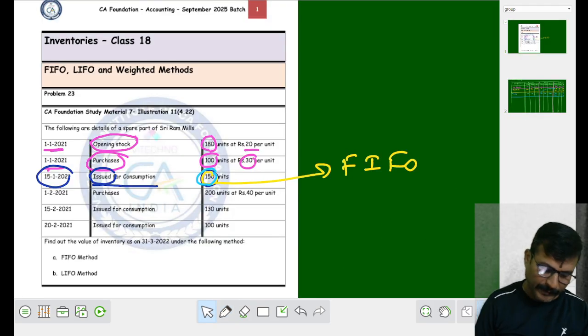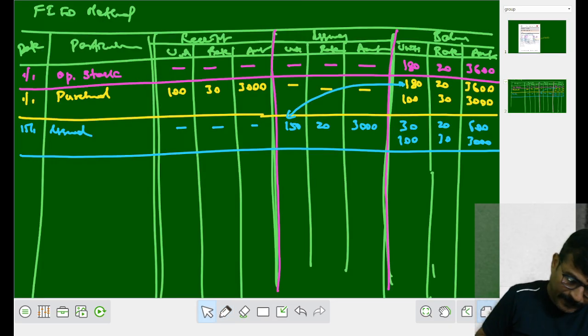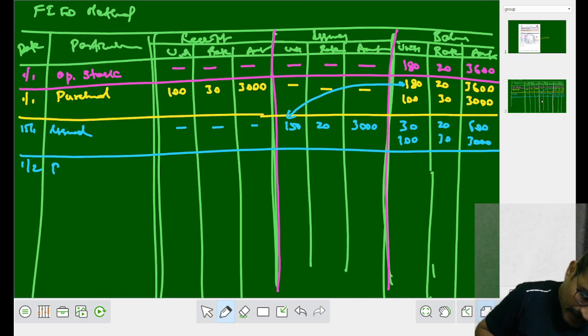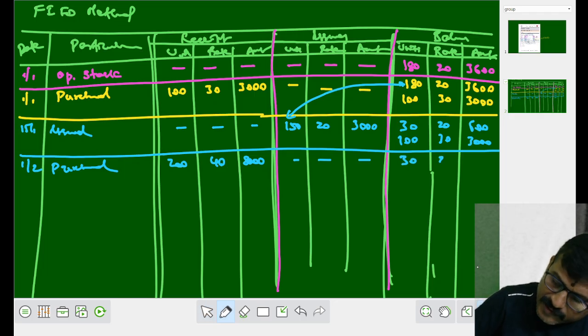Afterwards, what happened? On 1st February, you purchased 200 units at 40 rupees, 8000. I think it is not 2nd February, it is 1st February. Put a dash in the issues column. How many units are there? 30 units at 20 rupees, 600; 100 units at 30 rupees, 3000.